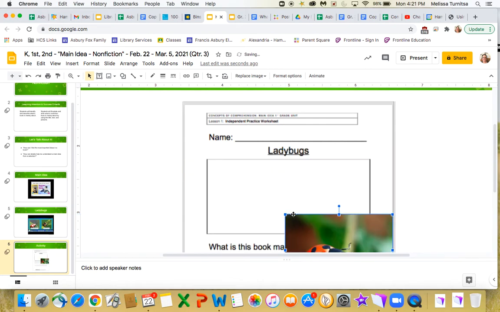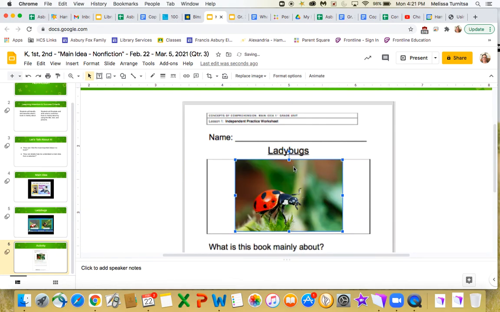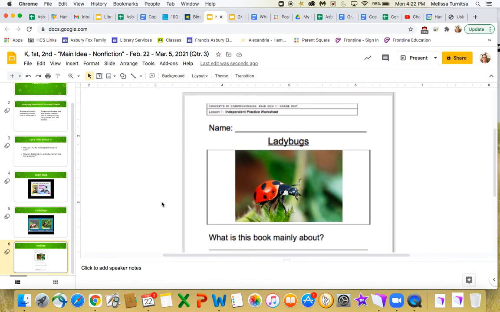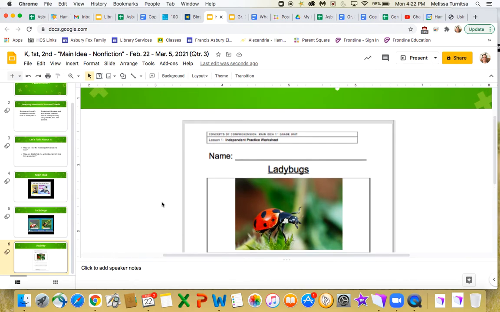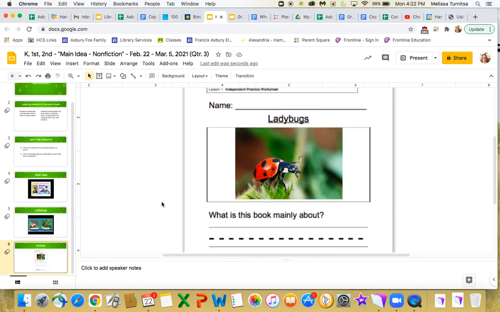Okay, Miss T's going to try to make it a little bit smaller. There we go. So Miss T has a picture of a ladybug, but I would like for you guys to draw me a picture of what your ladybug looks like.